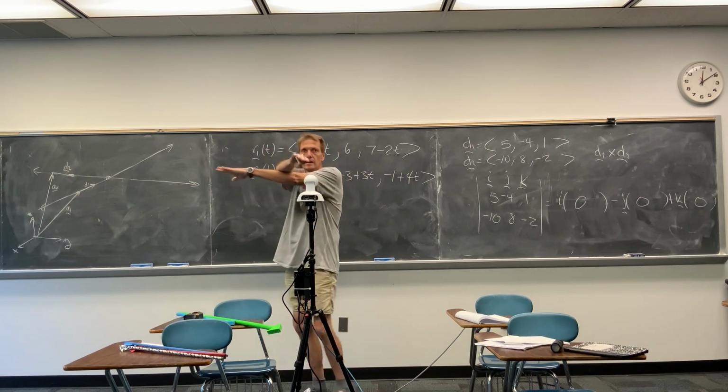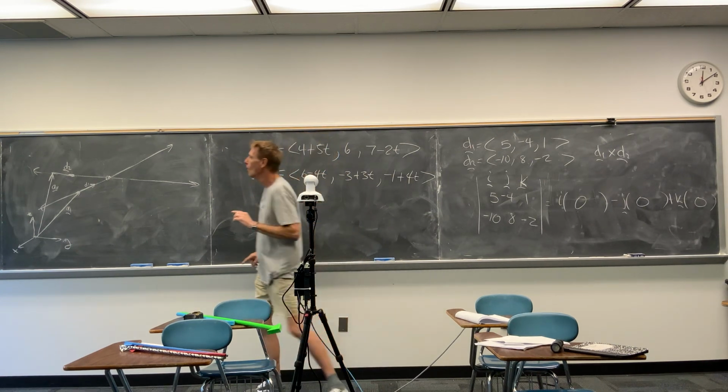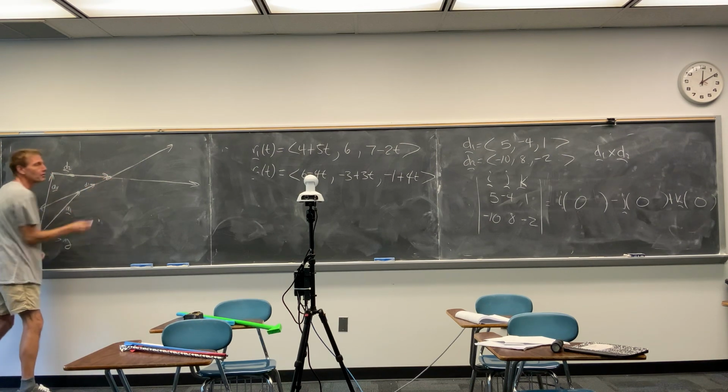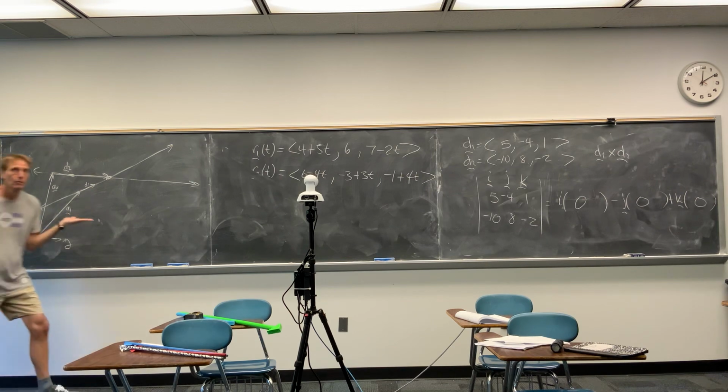If my two lines intersect, would there be a scalar that I could multiply times D2, so that if I did A2 plus that scalar times D2, I could reach that point of intersection? Yes or no?